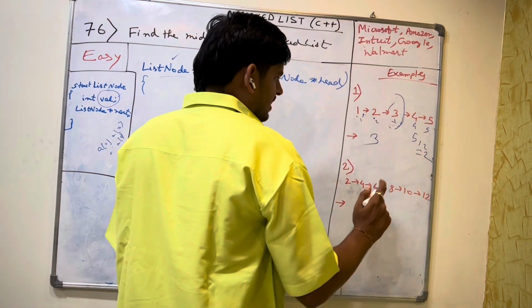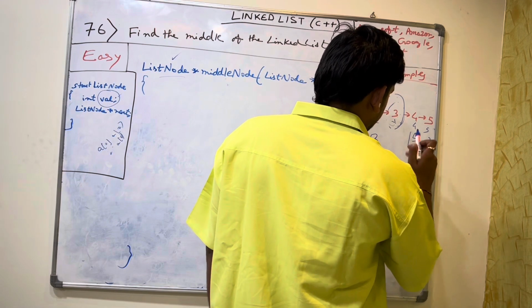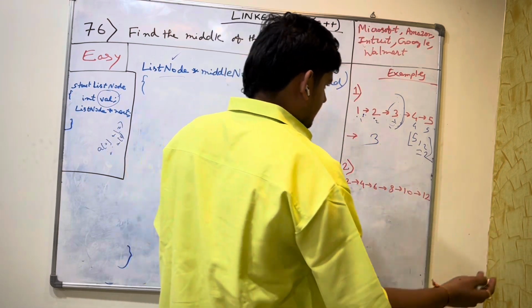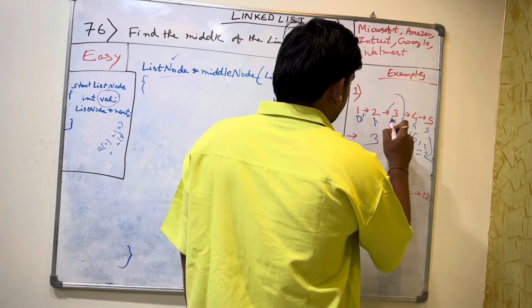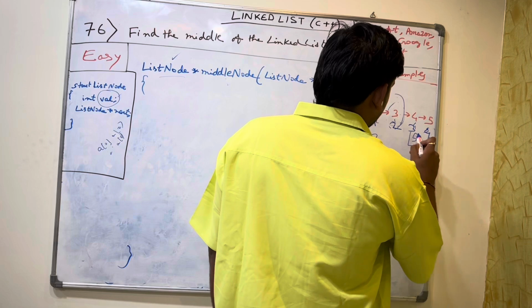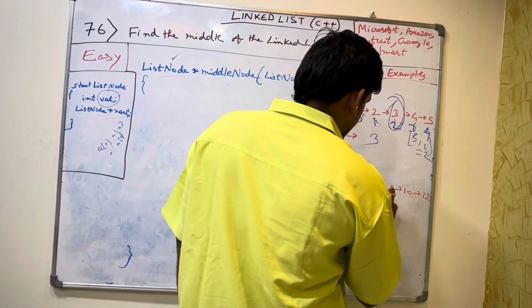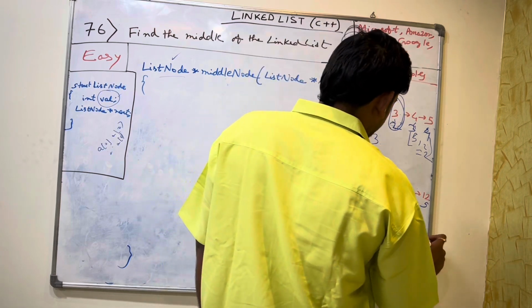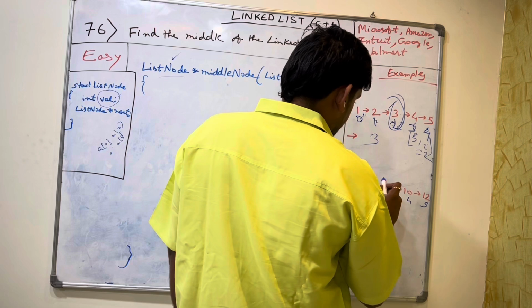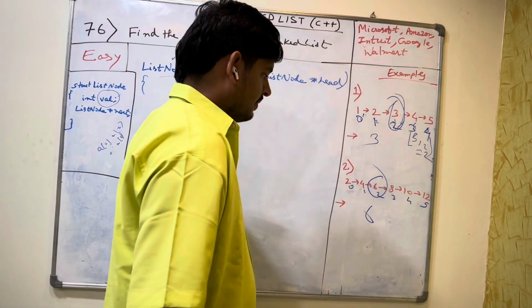So it would be this index. Since we are starting with 0, so 0, 1, 2, 3, 4, and 4 by 2 is 2. So this is the index that is the middle. So this will be our middle element. Okay, right?